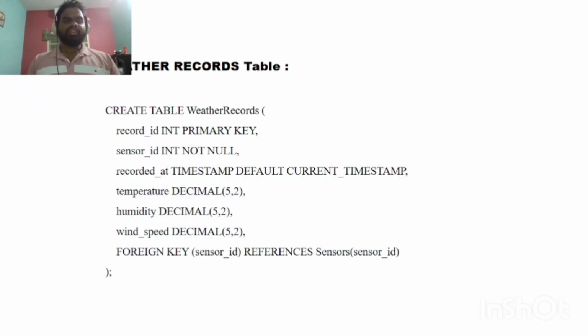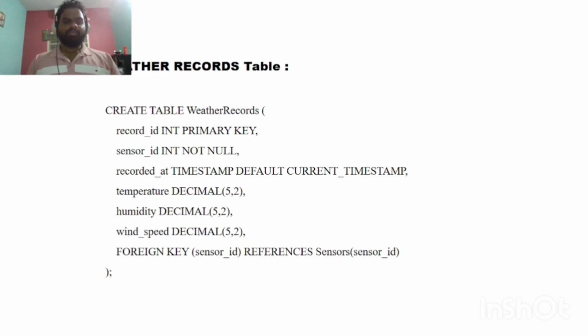And next is about creating the weather record table. In this, create table weather records, record id, it is a primary key. Sensor id, it should be not null, and recorded at, it is the time whenever the weather is recorded.